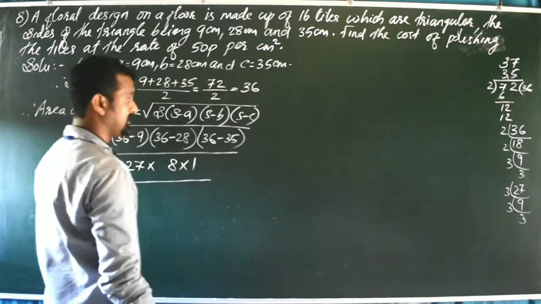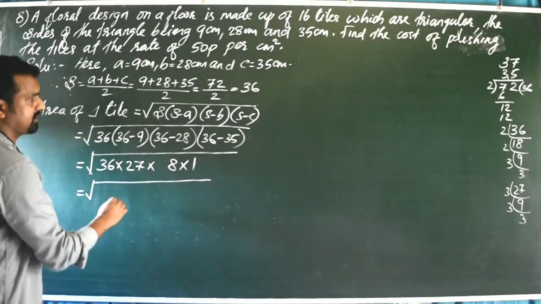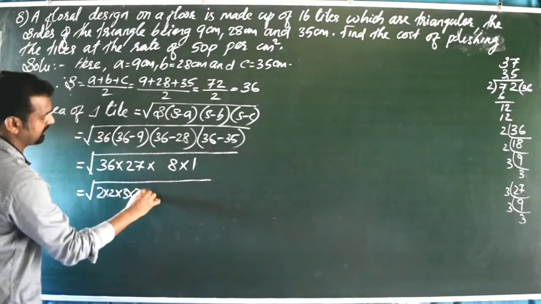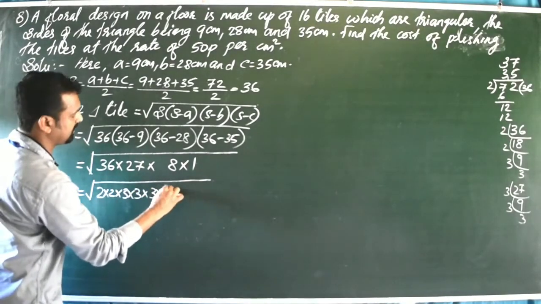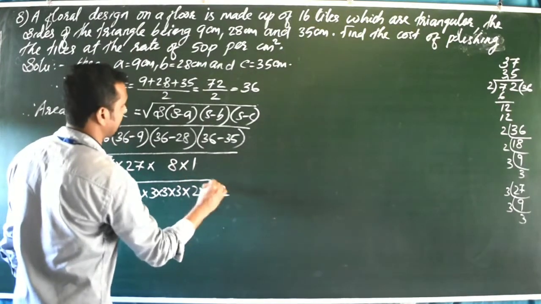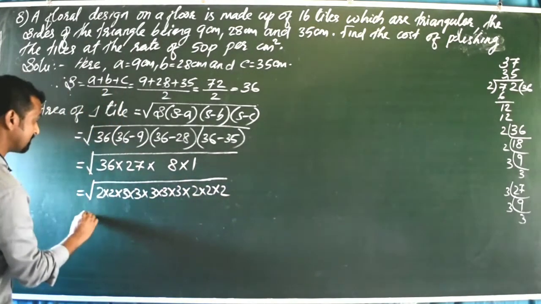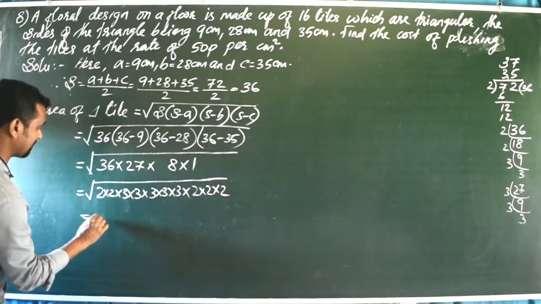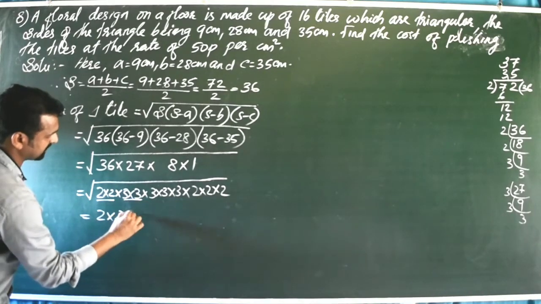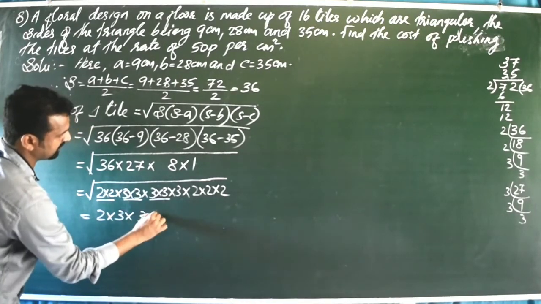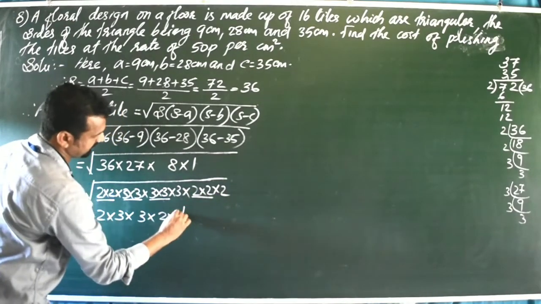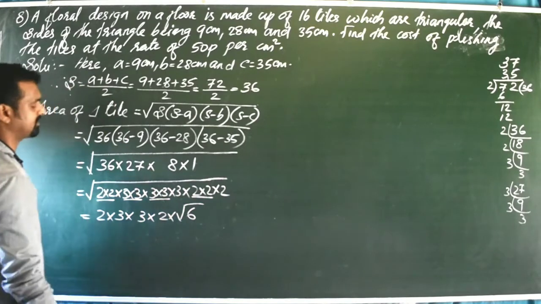So when we are factorizing, we will get 2 into 3 into 3 into 27, that is 3 into 3 into 3 into 8, 2 2s are 4, 4 2s are 8. Then we can take out 2 into 2, 3 into 3, 3 into 3 into 3, 3 into 2 into 2. 2 3s are 6, that we cannot take out, it will stay inside the square root, that is root 6.